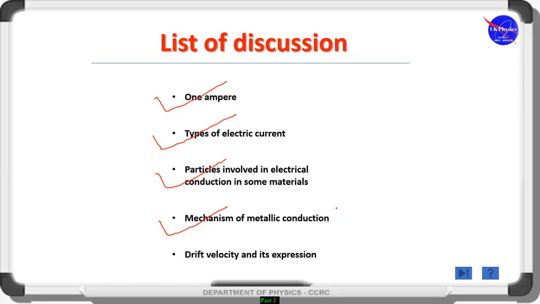So we will discuss it later. And last but not the least, the drift velocity. We will define drift velocity and its famous expression, which is also important for the board exam.